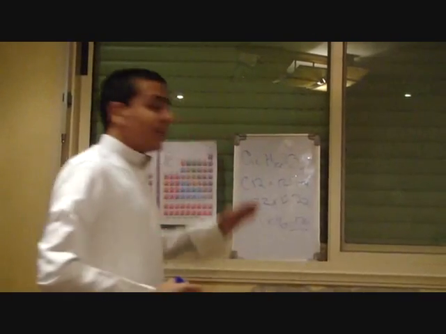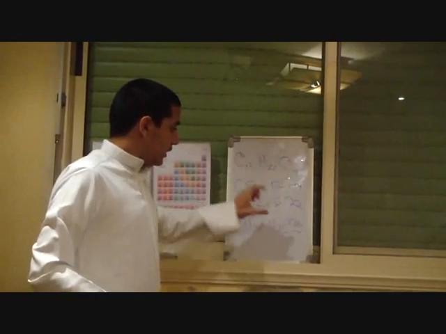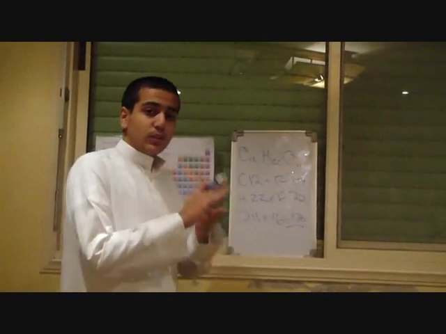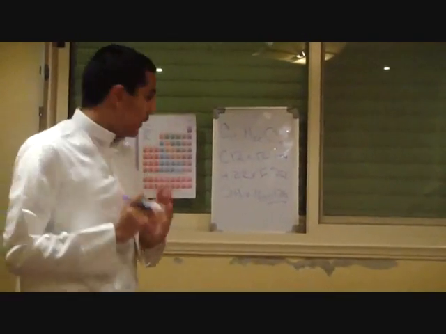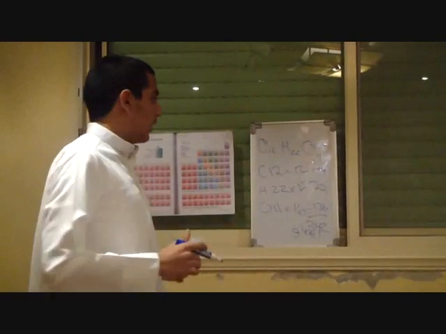Now you add them all together: 144 plus 22 plus 176 gives the total molar mass of this compound, which is 342 grams per mole.